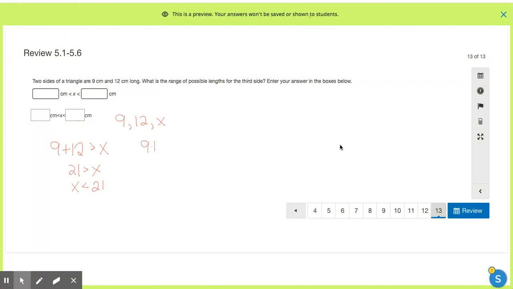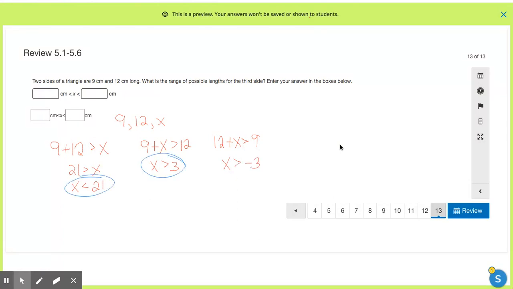We have 9 plus x has to be greater than 12, so x has to be greater than 3. And then 12 plus x is greater than 9, which means x has to be greater than negative 3.